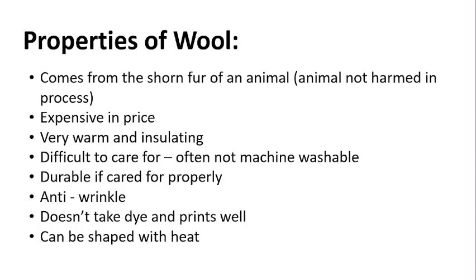It's difficult to care for though. It's often not machine washable. It can be tricky, it can pill, it can shrink. It doesn't take heat well, although it can be shaped with heat. And again, we'll get more into that in our deep dive on wool.